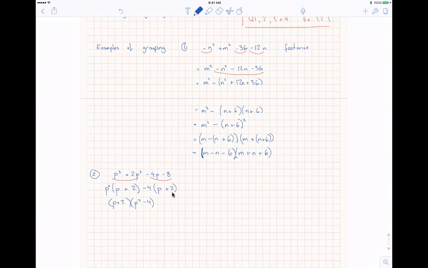Now we can go another step further because this last bracket is in fact a difference of two squares, so we can factorize that further, and it becomes p plus 2, p minus 2. So we rewrite that because the first two brackets are the same as p plus 2 squared, p minus 2.